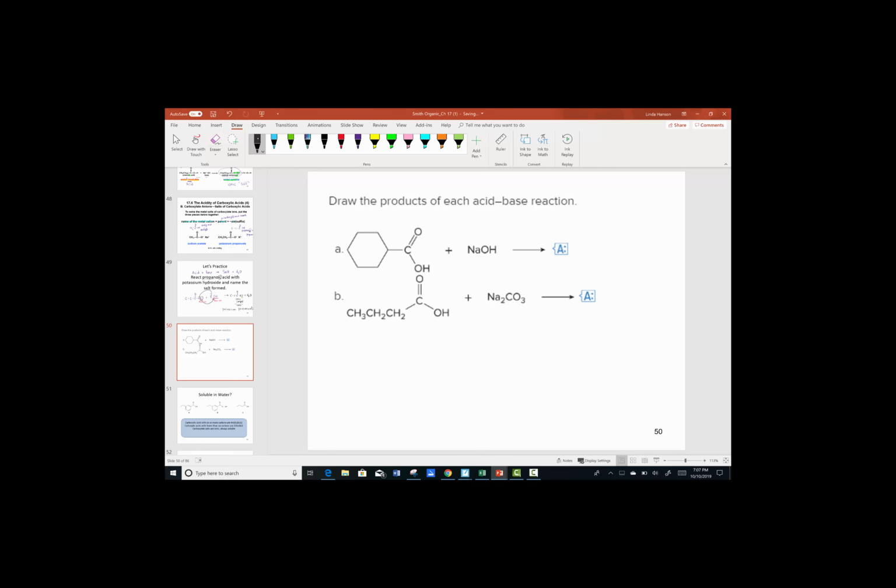Okay, welcome back. Why don't we take a peek at this product? Here we have the sodium and the hydroxide as our base, and the carboxylic acid, the COOH, with the cyclohexane.